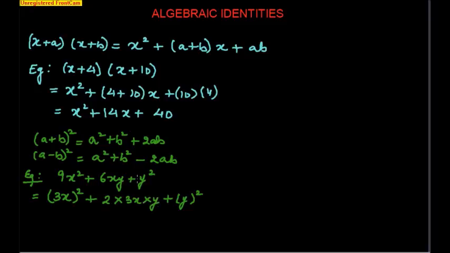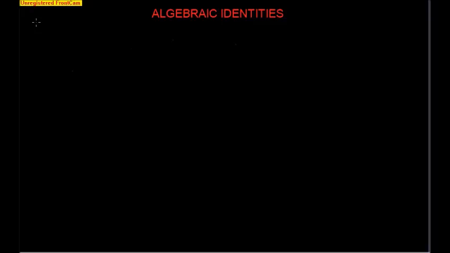Please see, wherever you have xy, this term will be equivalent to 2ab always. And if you compare these two, you get a² + b² + 2ab, which makes it (3x + y)².